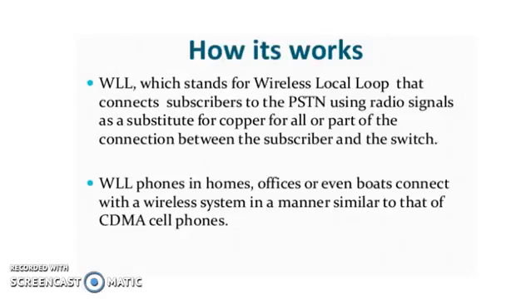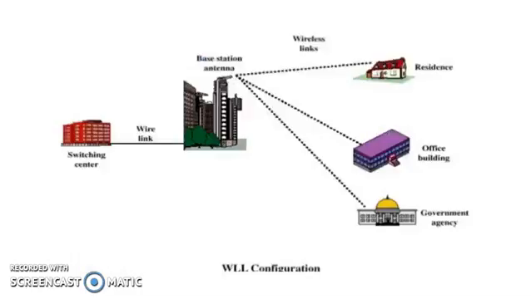These radio signals will act as a substitute for our copper wire, and will support the connectivity of our telephone to the local station. Most of the time the technology we use in WLL is CDMA technology.